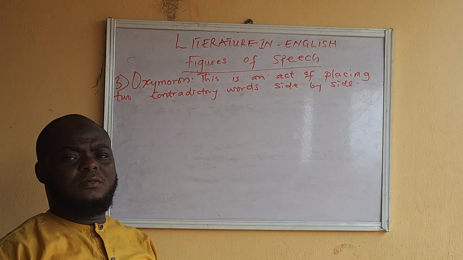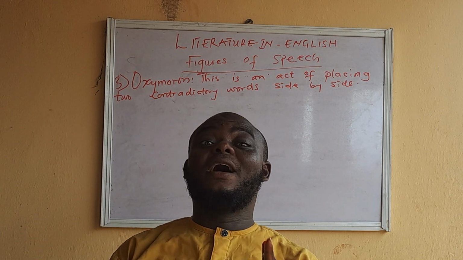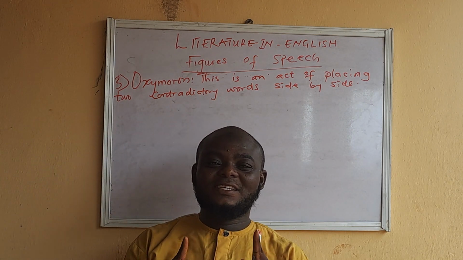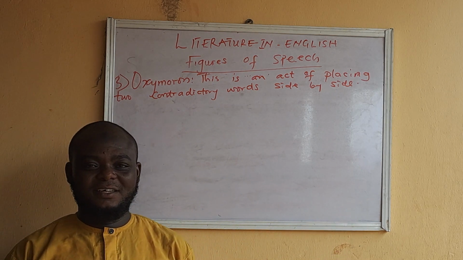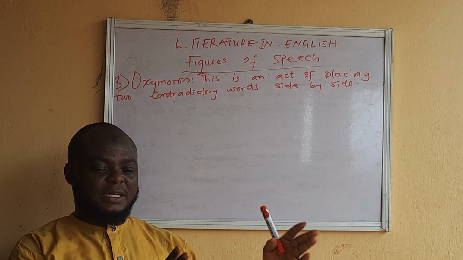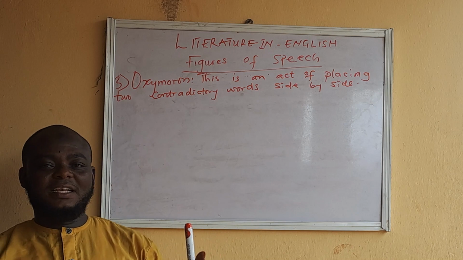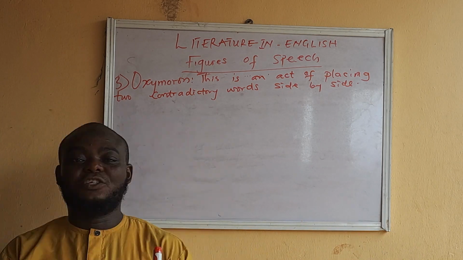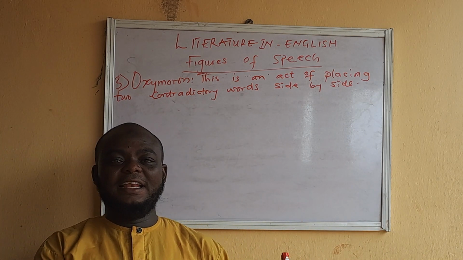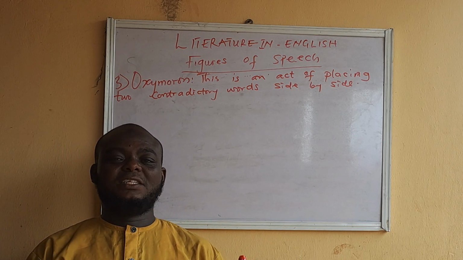Now, oxymoron is an act of placing two words that contradict side by side. When we are placing two words that contradict each other in any literary work, that is when we have oxymoron.